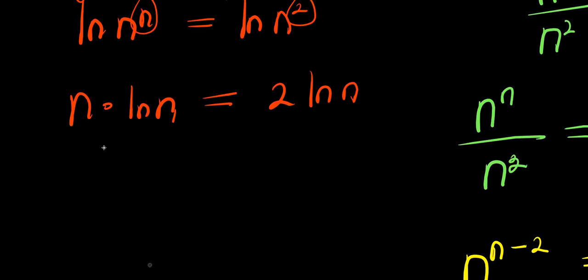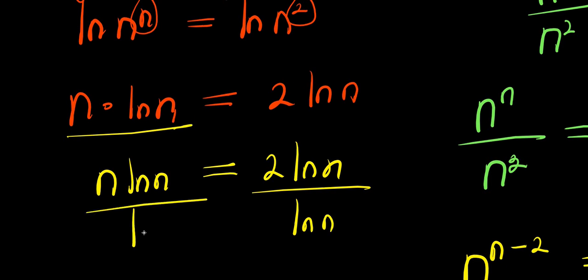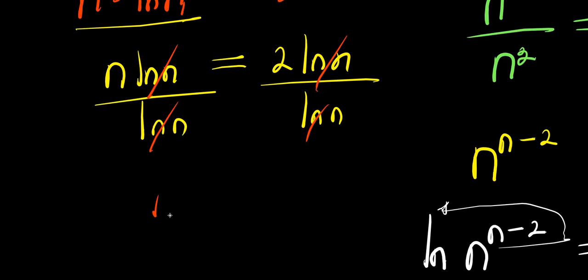So at this point, I have n times natural log n equals 2 times natural log n. I can divide both sides by natural log n. So this eliminates this, and what I have left will simply be n equals 2.